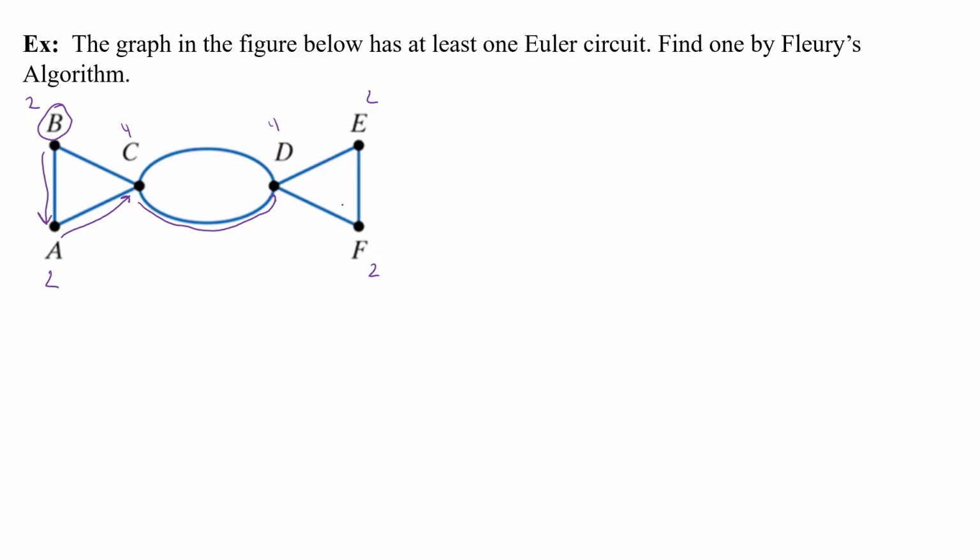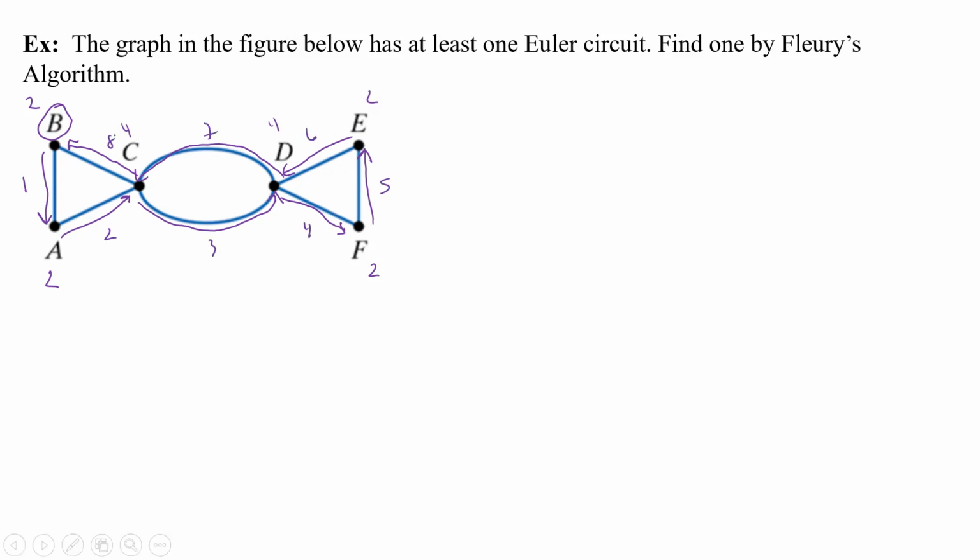Now we can go up or down, it doesn't matter, but let's go down, and maybe we should keep our arrows here. And now the only way to go after that is up here, and then down here, and then over here, and then up here. So that's going to be 1, 2, 3, 4, 5, 6, 7, 8.